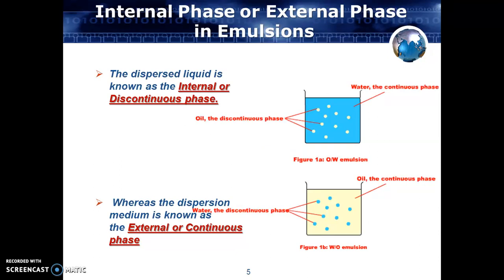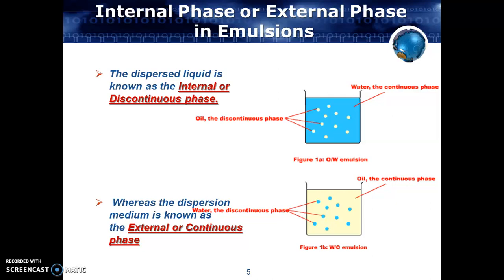Now, what is the internal phase or external phase in an emulsion? In figure 1a, we can observe oil present as a discontinuous phase, observed as globules. The dispersed liquid is known as the internal or discontinuous phase, whereas the water is present as a continuous phase.